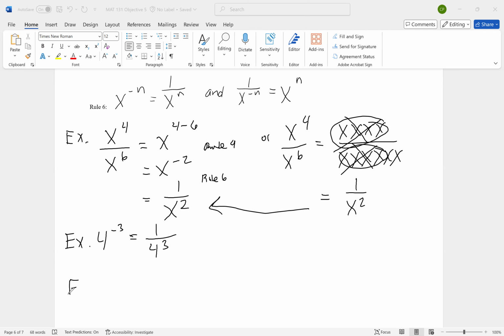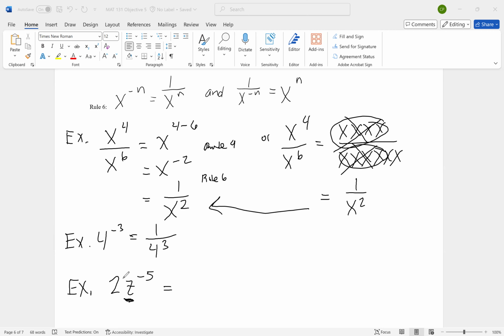The issue with this rule is if we have something like 2z to the negative 5th, we want to make sure we understand what that negative power belongs to, okay? So if your thought is to do 1 over 2z to the 5th, that will be incorrect, okay?